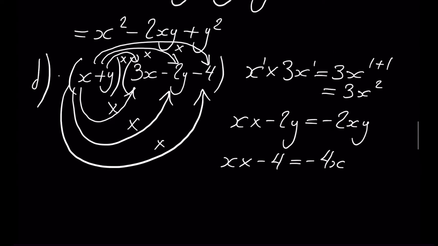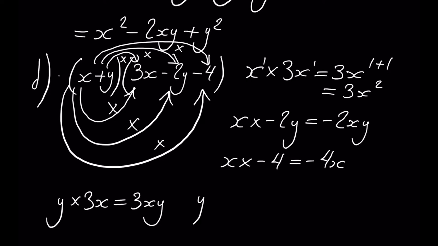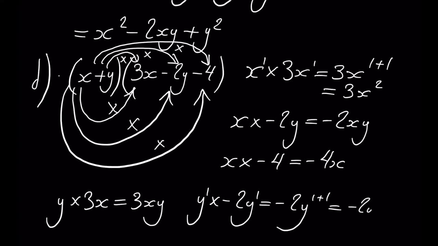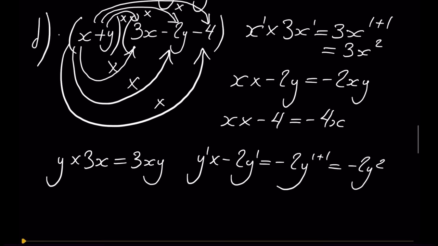And then we've got y multiplied by 3x, which is just equal to 3xy. Then we've got y multiplied by minus 2y. And again, using index laws, this is just equal to minus 2y squared. Okay, and then for the last terms in both expressions, we've got y multiplied by minus 4, which is minus 4y.